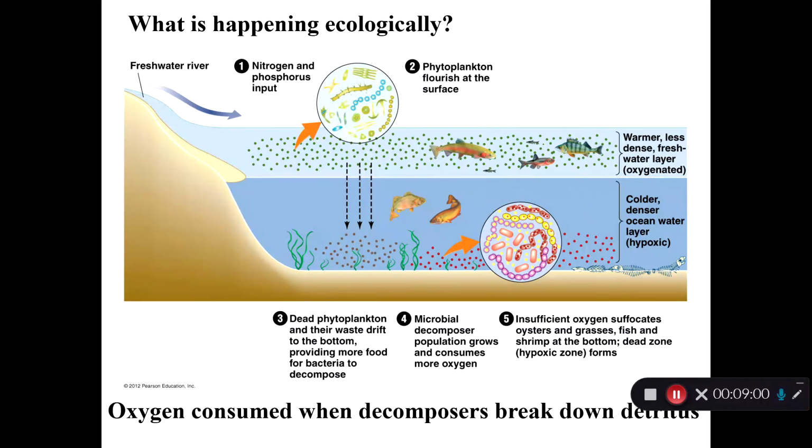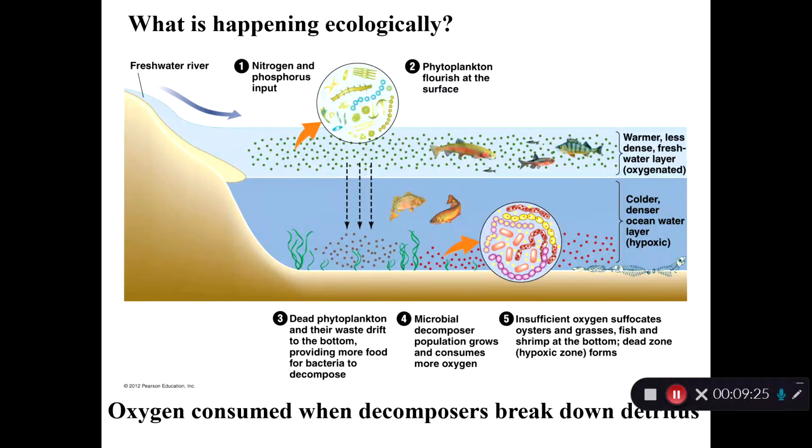When you increase the amount of them in your lake, all of the phytoplankton will flourish. What that means is that you'll get a big buildup of that algae, if you will. And as that biomass increases, you also have a lot more dead algae, right? And that will float down to the bottom of your lake.